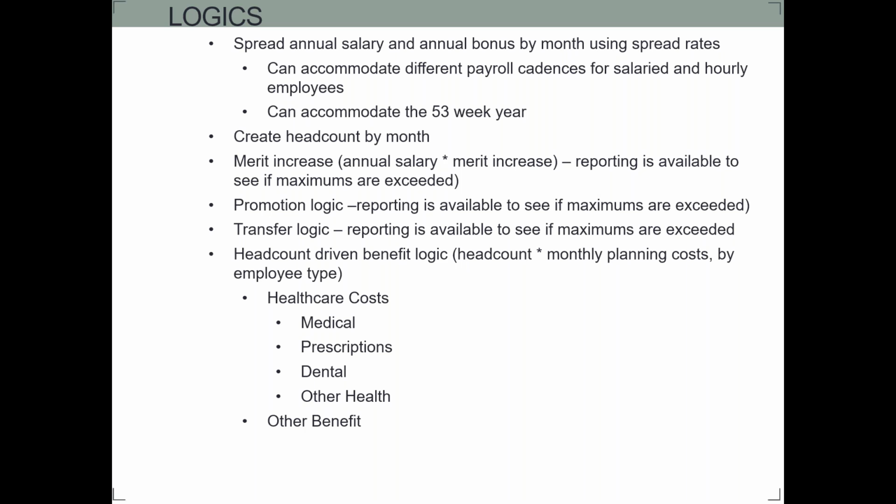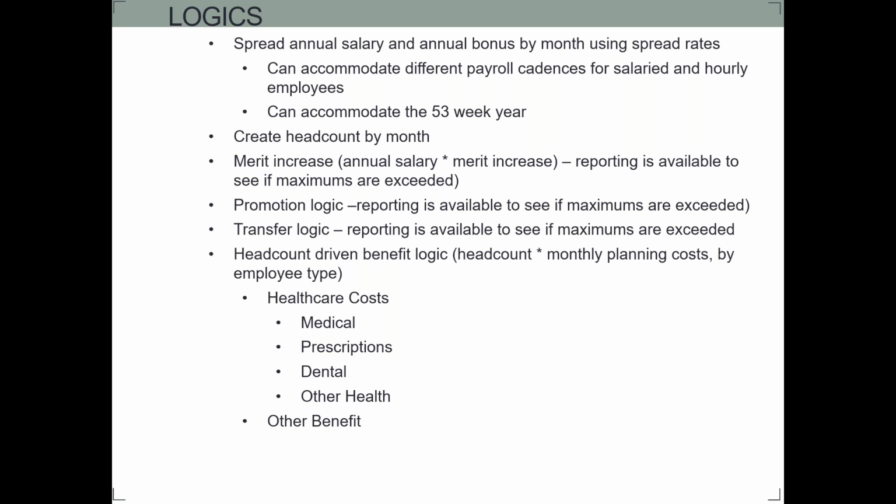We've built some logic around headcount when new people are hired. We've built logic around merit increase. Merit increase is an interesting thing because it affects your base salary, which then affects things like bonus percentage and how your Social Security taxes are calculated, because now you're making more money, the deductions have to be greater, and you'll hit the cap sooner.